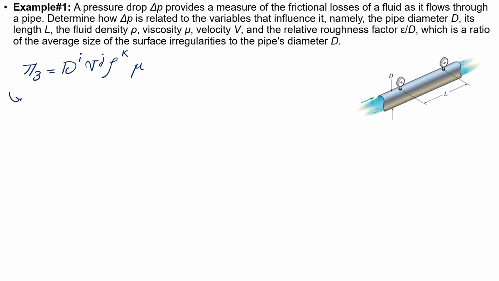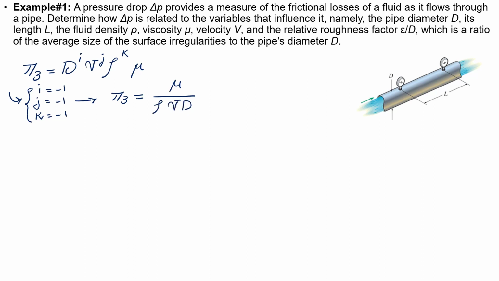Let me just tell you that when you solve everything, you will end up having i equal to -1, j would be -1 as well, and k would also be -1. So you'll write the equation for pi 3, and you will see that it would be something like mu over d velocity times rho.